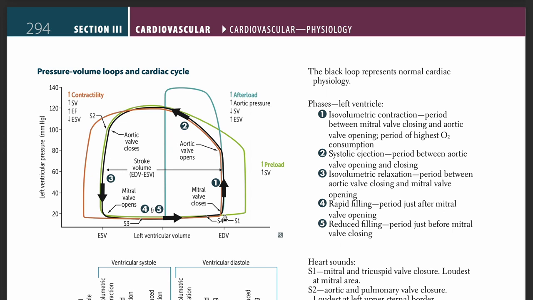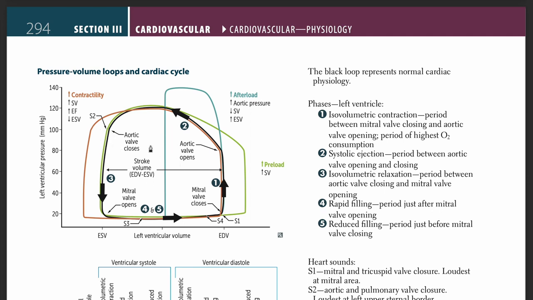After S1, you have aortic valve open. That doesn't have a sound. What does have a sound is when your semilunar valves close. So those are your pulmonary and aortic. So here the closing of this will create S2, or also known as dub. So you get lub at S1, which is at the end of diastole, and then you have dub over here at the end of systole.